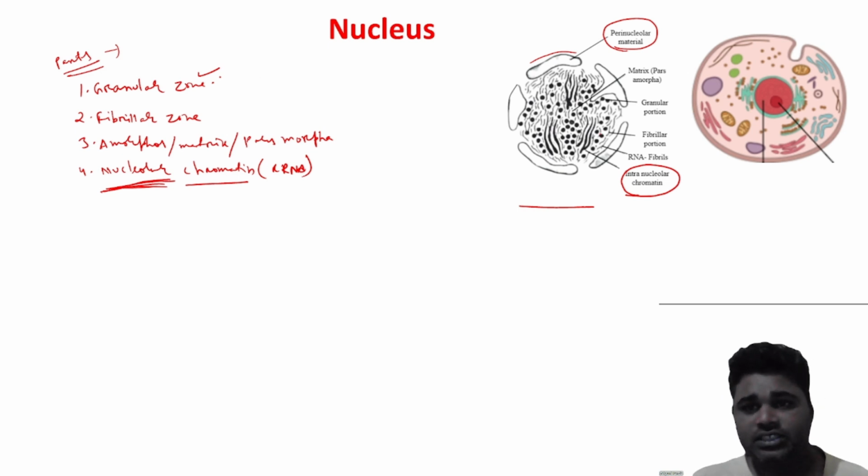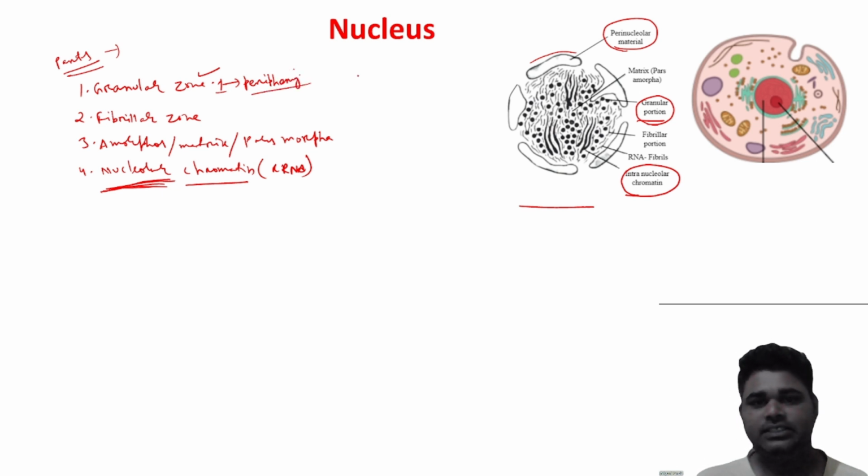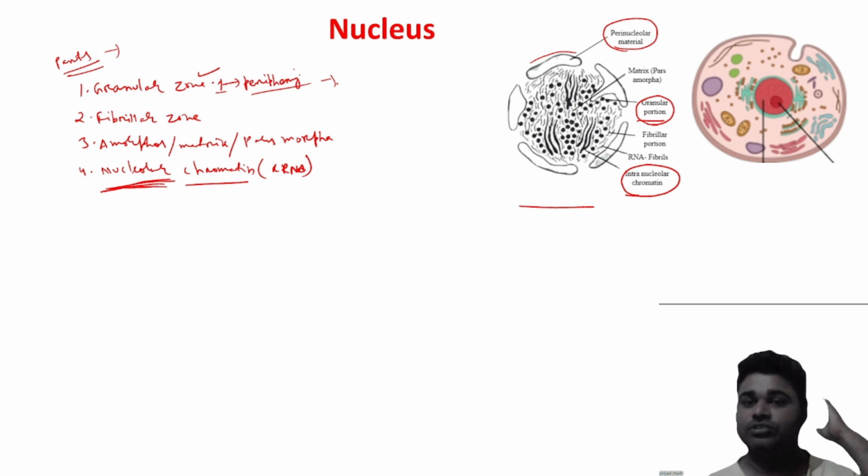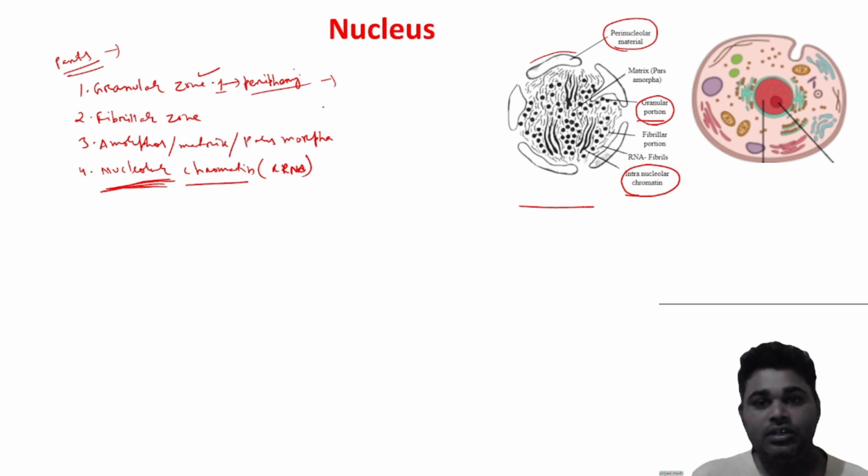So the first structure is called the granular zone. Look at this structure. This is the granular zone. It is always present in the periphery region. So what structure contributes to the granular zone? Mostly it is ribonucleic protein. So what is the ribonucleic protein?